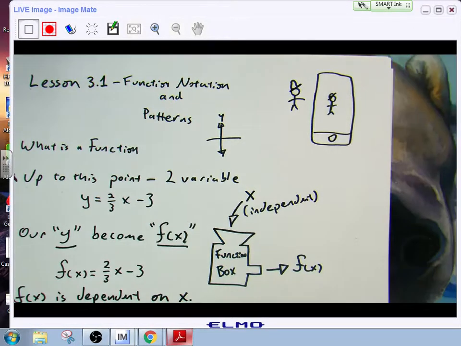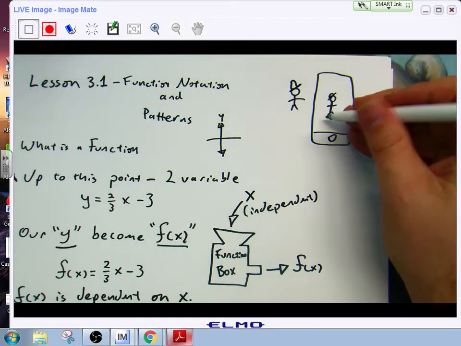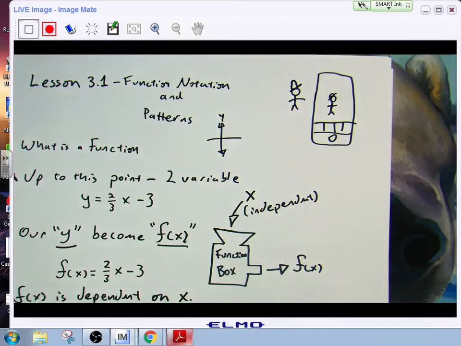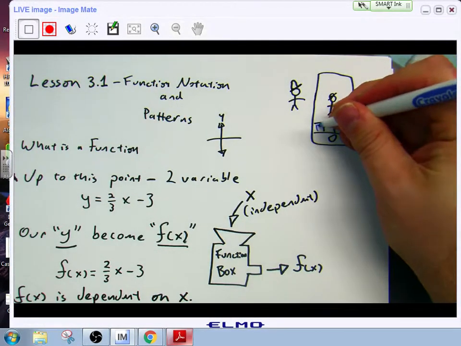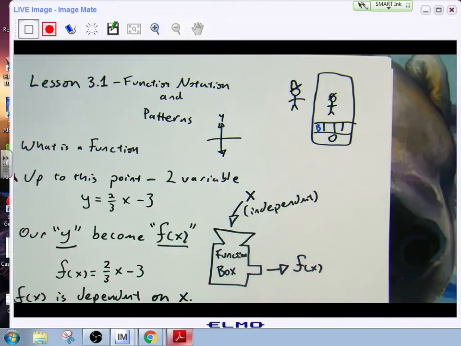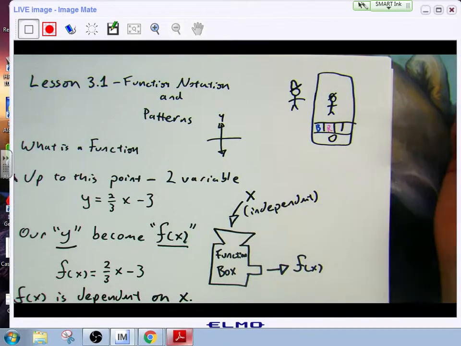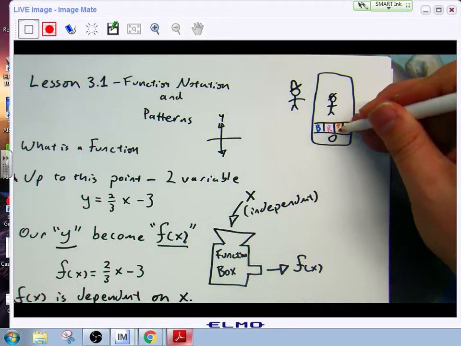Then you have all these functions you can apply. One might be black and white, one might be reverse colors. There might be some other ones that you never use.